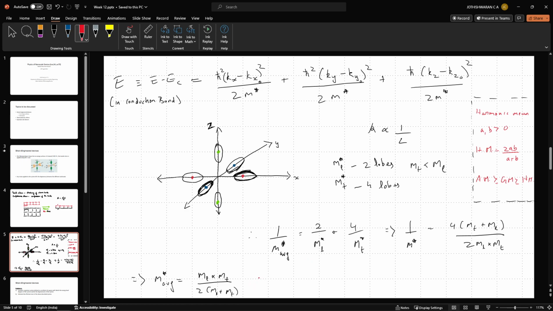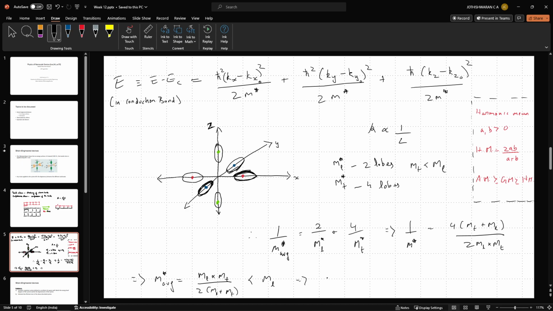So this quantity is even less than ml. By introducing the four transverse mass lobes, we have essentially brought down the average effective mass.